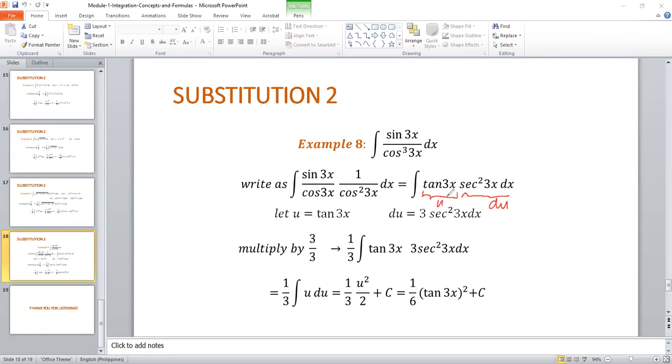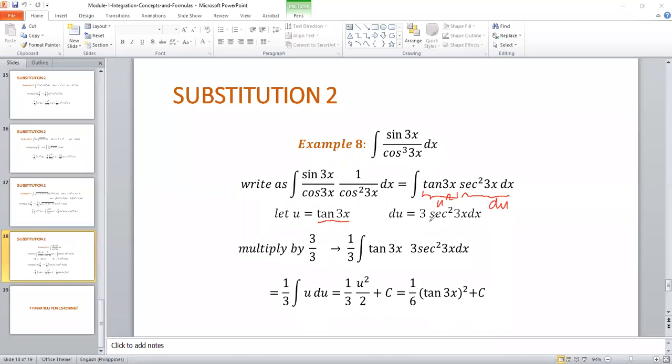This is your u raised to n. Now, if this is the du class, if tangent 3x is the u, and its exponent is 1, so you can use power rule. The derivative of tangent 3x is secant squared 3x times the derivative of the 3x here, which is 3dx.